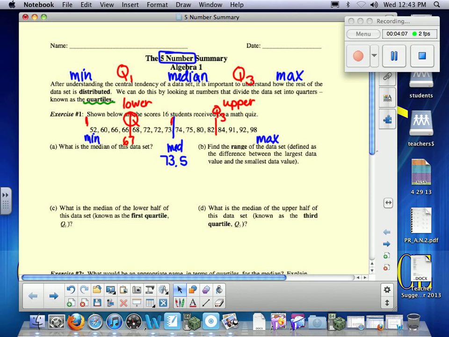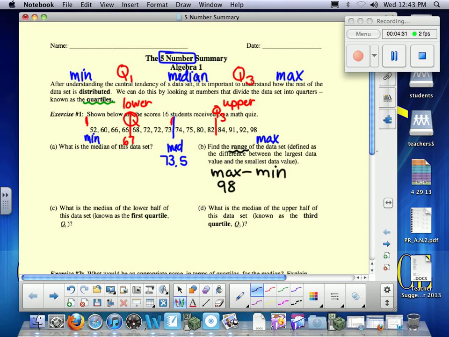So I'm sort of answering all of A, C, and D right now. I just am not identifying which one goes where on the notes. Letter B as in boy asks us to find the range. We're not going to spend a lot of time finding range at all. Right, it's max minus min.